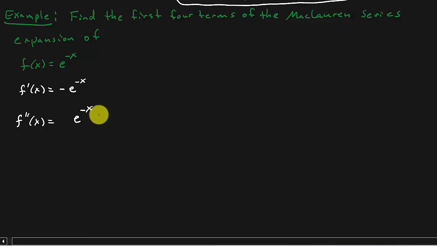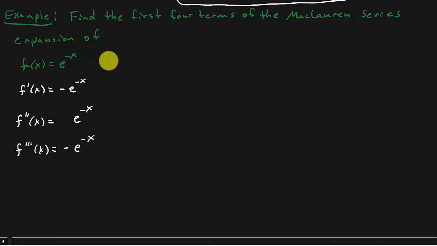Okay, well, let's just write this one out. So I got negative, derivative of e to the negative x is e to the negative x times the derivative of the exponent, which is negative 1, and a negative and negative is going to be positive. All right, and then I have f triple prime of x. Well, that's just negative e to the negative x, and that's it.